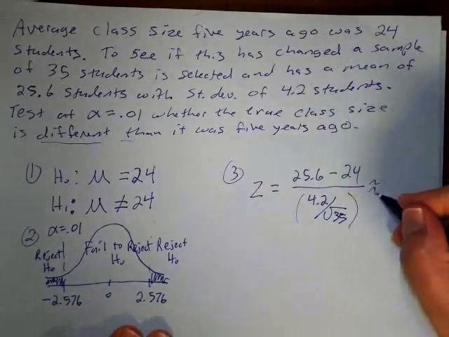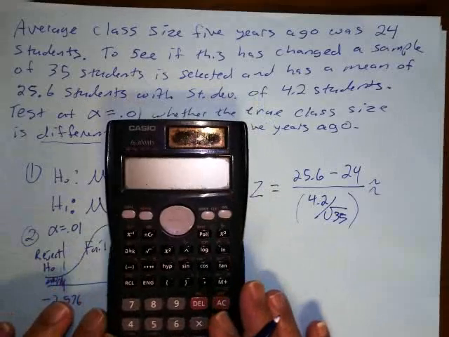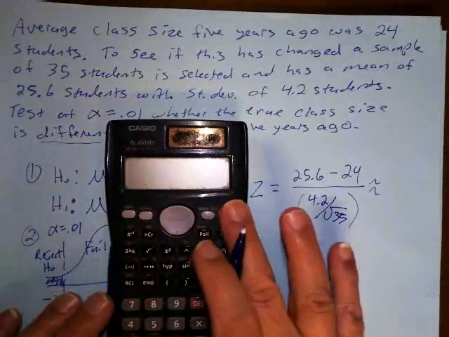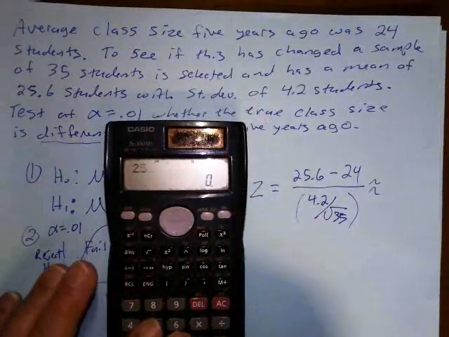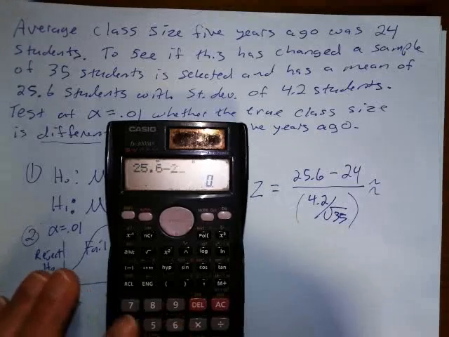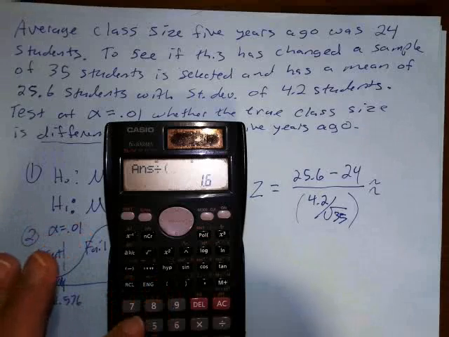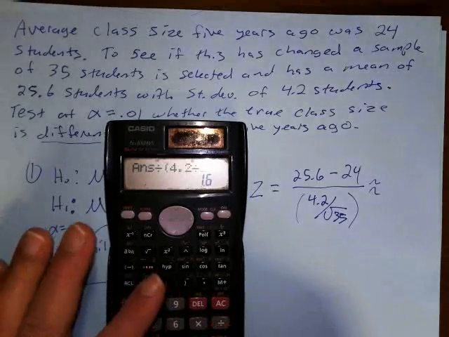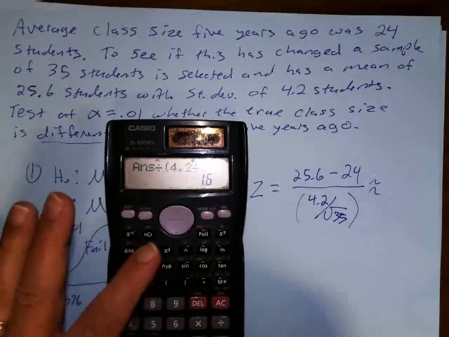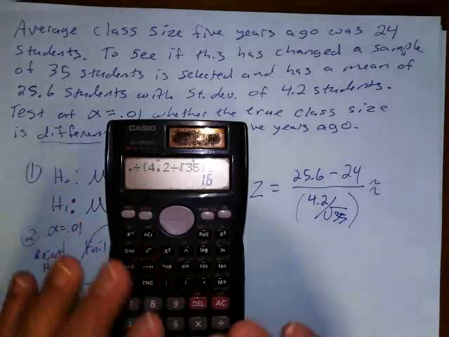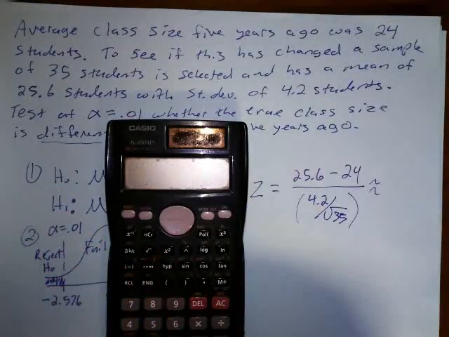Okay, so plugging this in my calculator, I get 25.6 minus 24, hit return, divide this by 4.2 over the square root of 35, and that bottom is in parentheses.